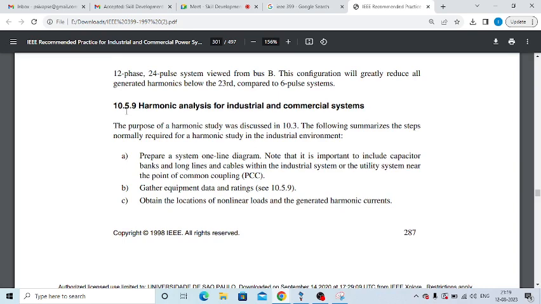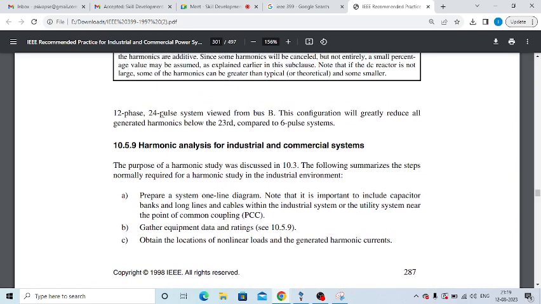Okay, this is 10.5.9. So how to do the harmonic analysis? They have given the step-by-step procedure. The first one is the preparation of the single line diagram. If you are going to do any harmonic analysis, the first step is to get the single line diagram.